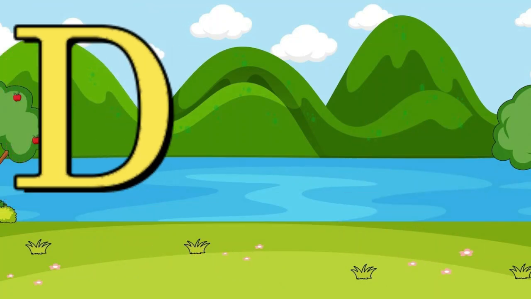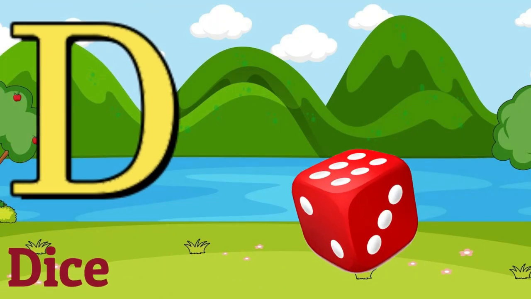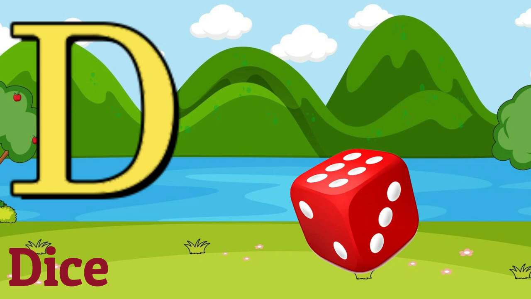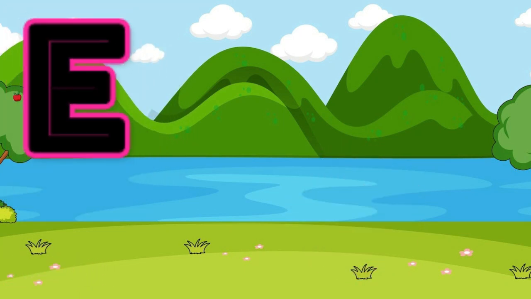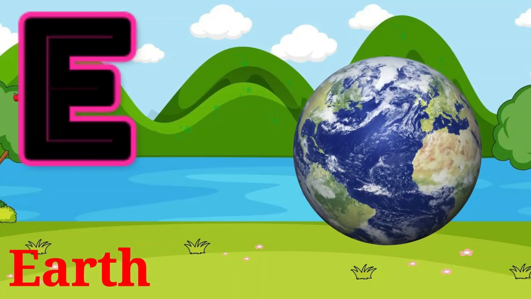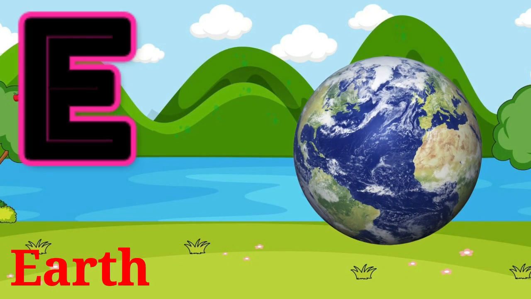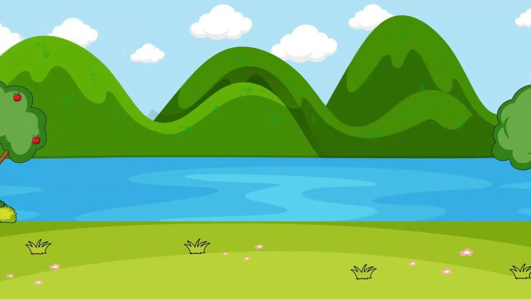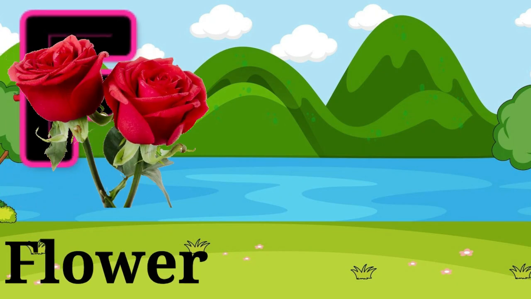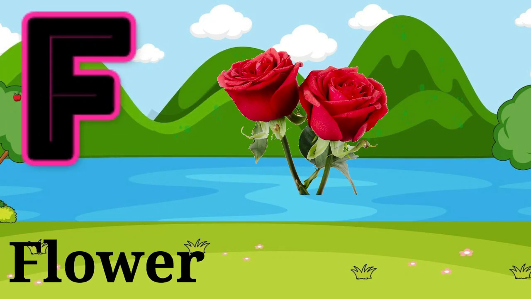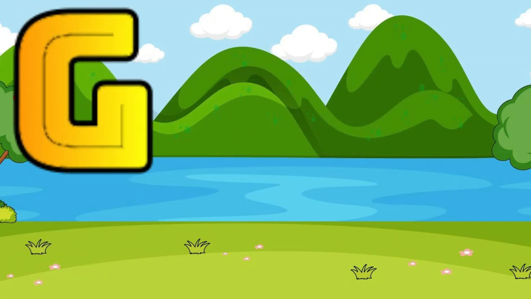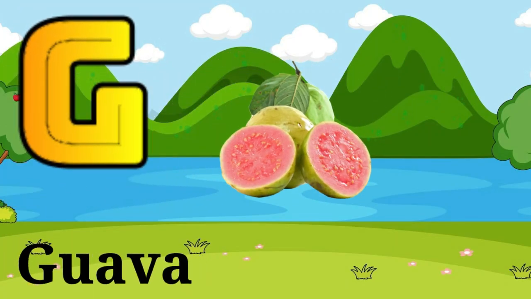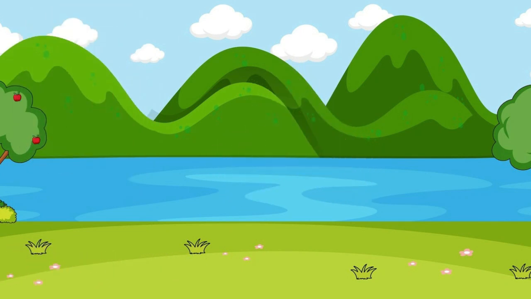D for dice. E for earth. F for flower. G for guava.